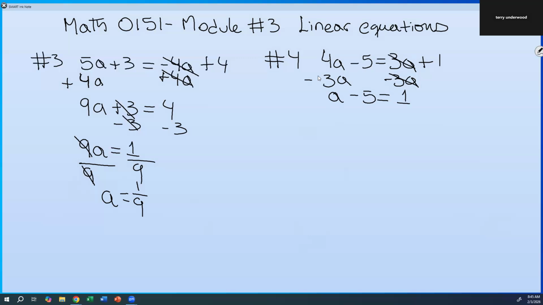Then to solve this equation, I will move this negative 5 to the right side. To do that, I will add 5 to both sides. And I end up with a is equal to 6. You have a positive 5 plus 1 is a 6.